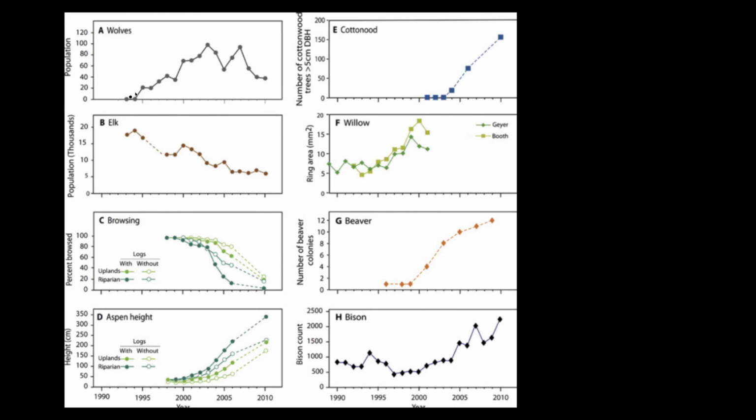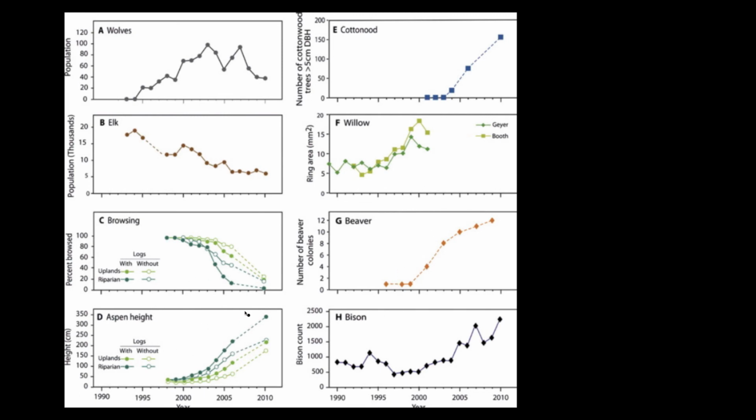So you can see how the wolf population started up, and you see how it's fluctuating? It's probably reached its carrying capacity. The elk population has gone down, but it's now leveled off. The cottonwood populations, that's a kind of tree, and the willow populations.